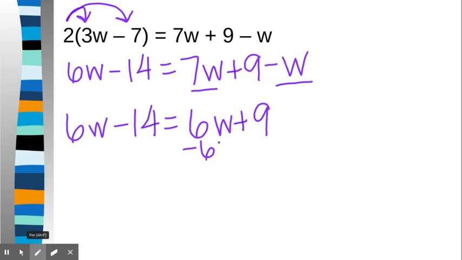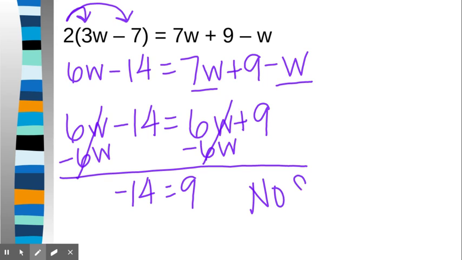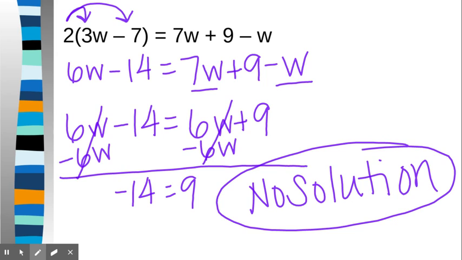So maybe I subtract this one. I have to do it on both sides, but they're going to go away. And I'm left with negative 14 equals 9. There's no variable. That's not true. So our answer is no solution. Negative 14 equals 9 is our work, but your answer is no solution.